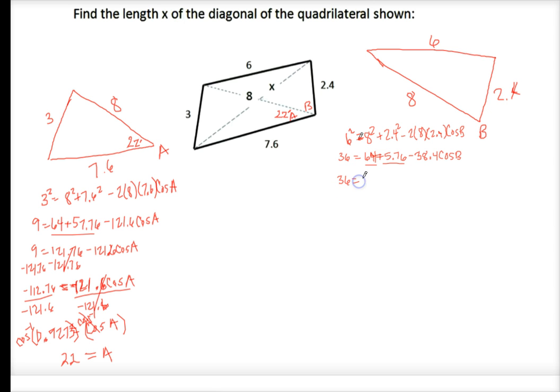So we have 36 equals 69.76 minus 38.4 cosine B.